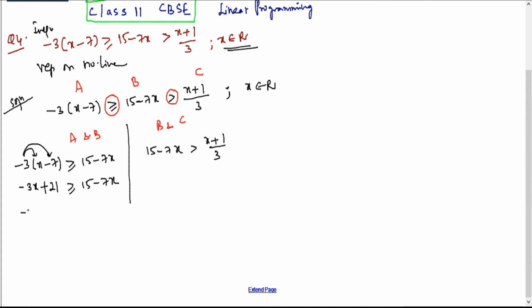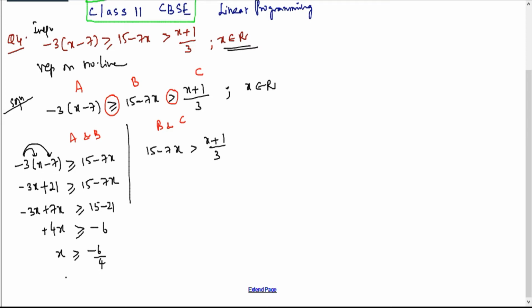And then minus 3x plus 7x greater than or equal to 15 minus 21. 7 minus 3, because the bigger number is 7, is plus 4x, greater than or equal to minus 6. Yes, 15 minus 21 is minus 6. So x is greater than or equal to minus 6 by 4.